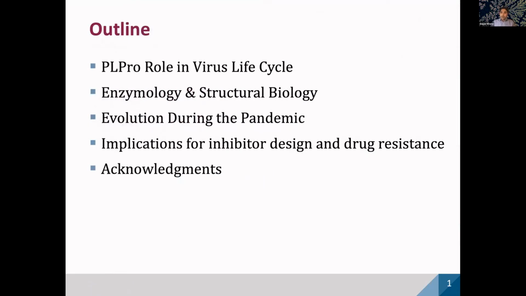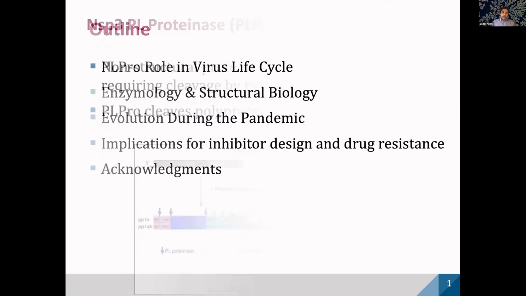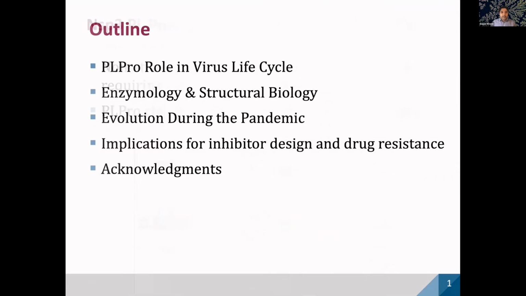So I'll first tell you about the role of this protein in the virus life cycle. I'll tell you a little bit about the enzymology and structural biology that has been done. As David just mentioned, it's been just remarkable how quickly structures have been solved and really knowledge has been generated. So I'll tell you a little bit of that.